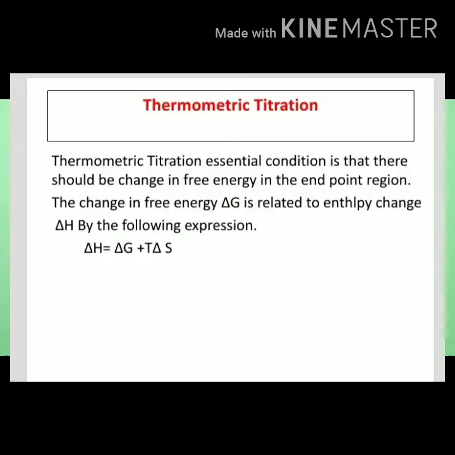If a reaction does not produce heat, we cannot perform a thermometric titration. Thermometric titration is a very simple technique. In this technique, we measure the temperature during the reaction. During the titration, the end point is detected by the change in temperature.